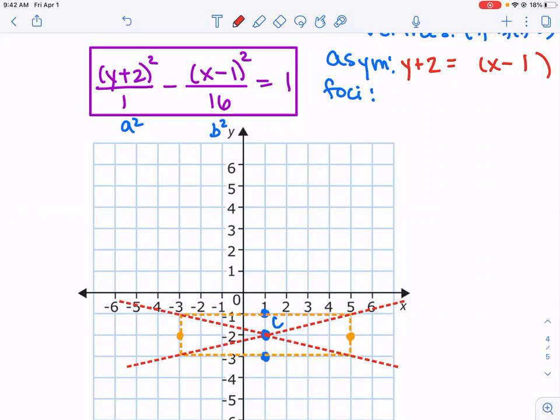And then rise over run, what's our slope? Plus or minus 1/4. Rise over run is 1/4. Oh, this is a super wide hyperbola, yikes.